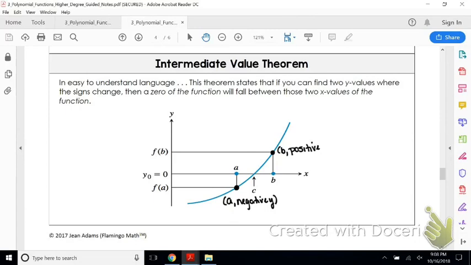Because my y's went from negative to positive, that means in between them I have some point C in which there is a zero. That's all the intermediate value theorem says: if you can find two x values where one of them has a positive y, one has a negative y, then there has to be a zero in between them. So let's look at the next example.